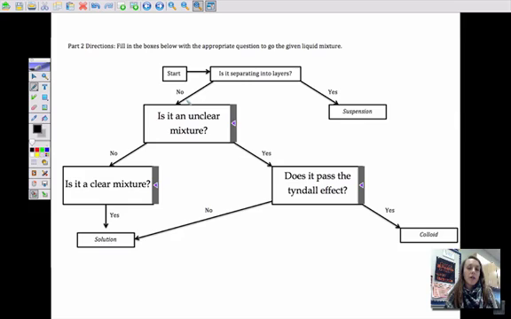If it's not separating into layers, then it's either going to be a colloid or a solution. So is it an unclear mixture? If yes, you should try the Tyndall effect. And if it passes, then it's a colloid. If it doesn't, then it's a solution. If it's a clear mixture, then it's more likely a solution, but you should still probably test the Tyndall effect in addition to seeing if it's clear or unclear.